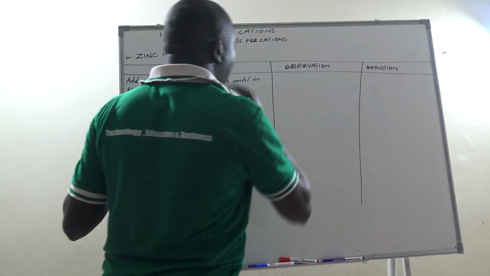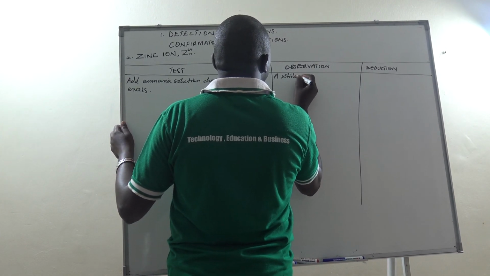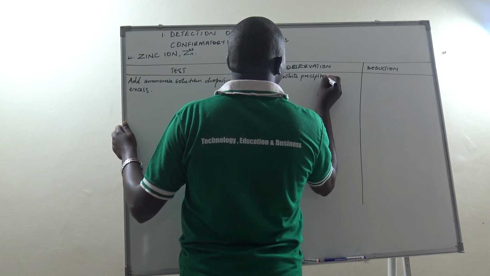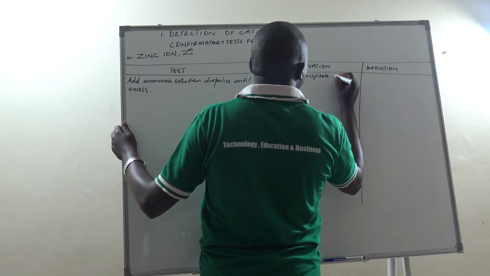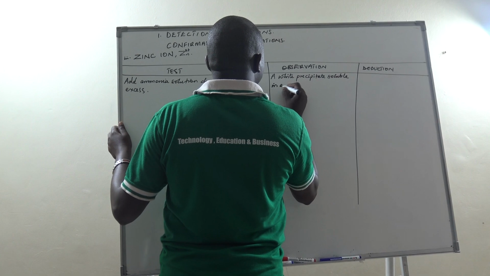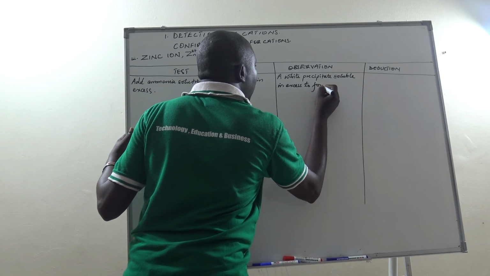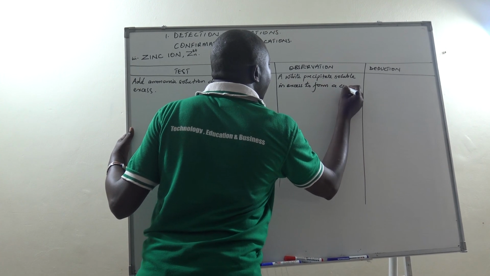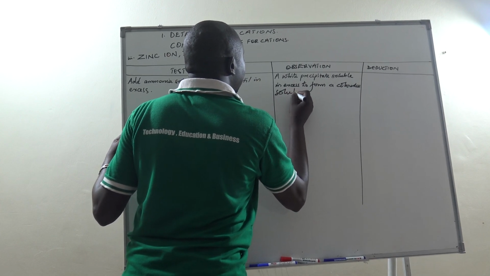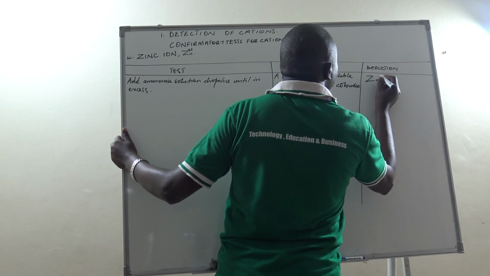This is for zinc ion, and we said that we're able to get a white precipitate, and the white precipitate is soluble in excess to form a colorless solution. And this one here means that we have zinc ion.